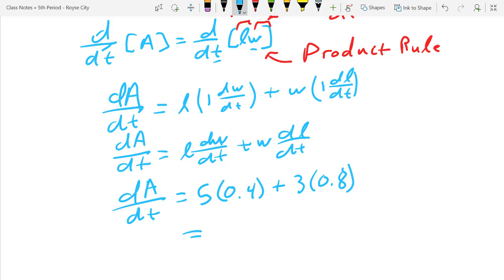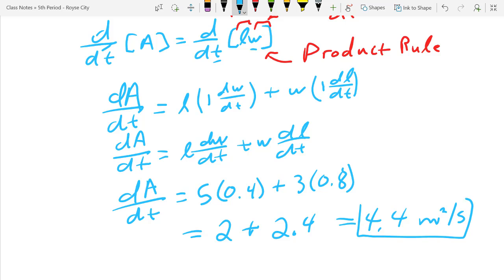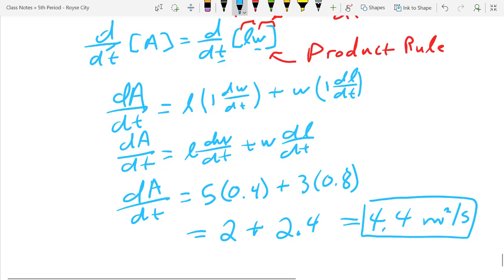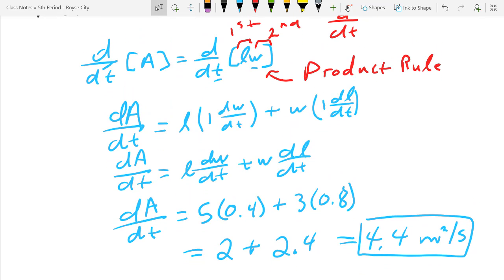And so that gives us 2 plus 2.4, which is going to be 4.4. And of course, since we're dealing with measurement of area with respect to time, this is going to be square centimeters per second. So that would be the rate the area changes with respect to time as the two dimensions of the rectangle change.